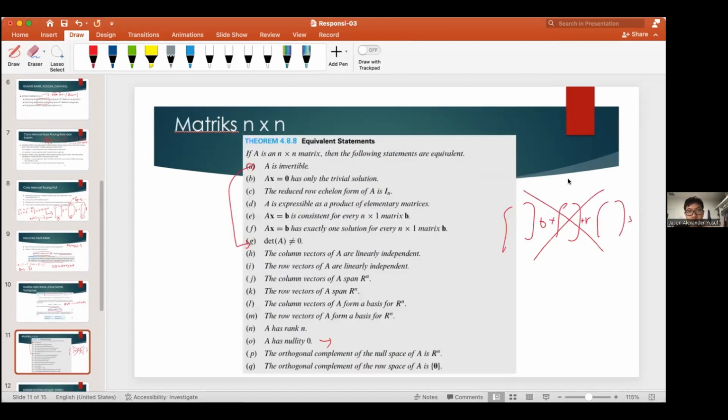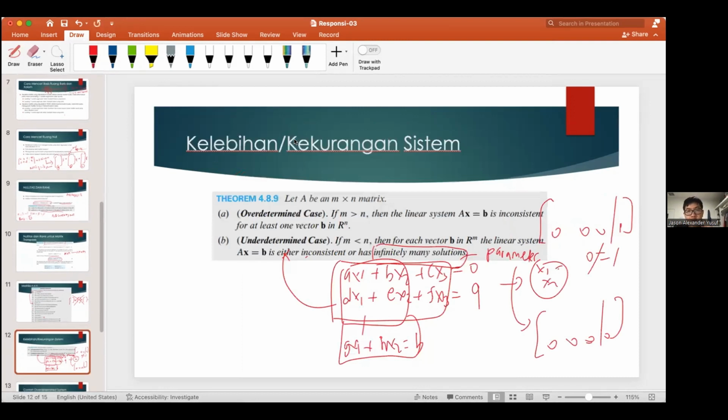Okay, so next, these are just some equivalent statements. You can just read through them. And this applies to n times n matrix. For cases of linear systems, we have 2 different cases: overdetermined case and underdetermined case, where this and this applies.